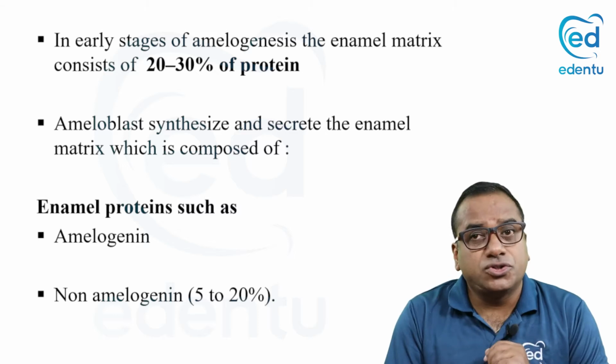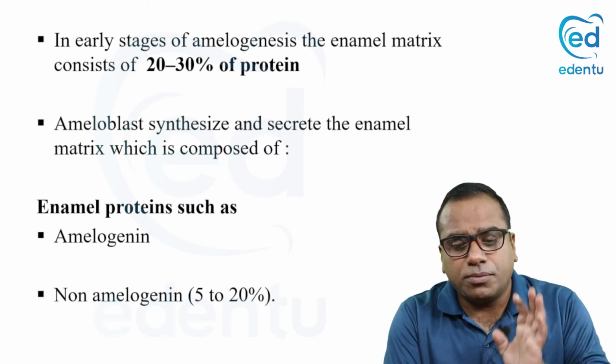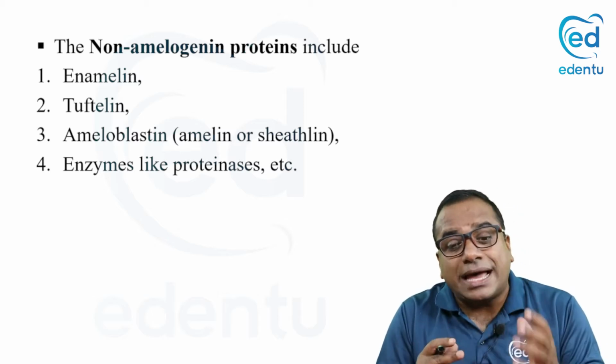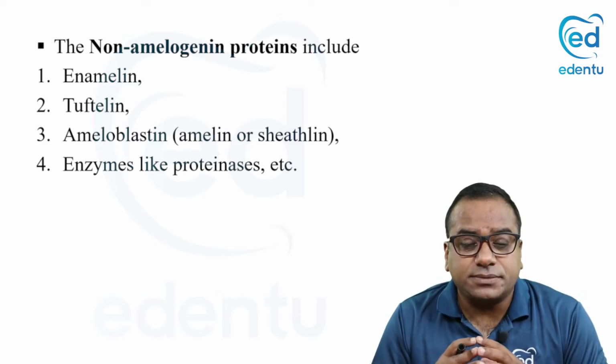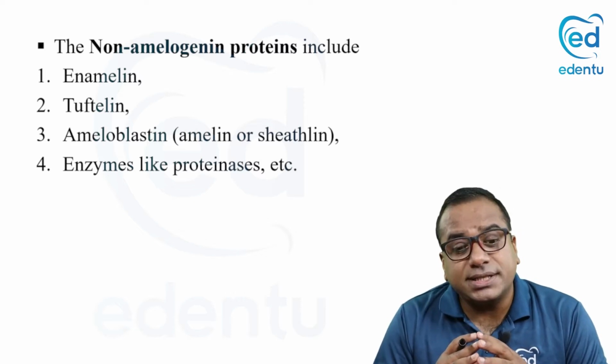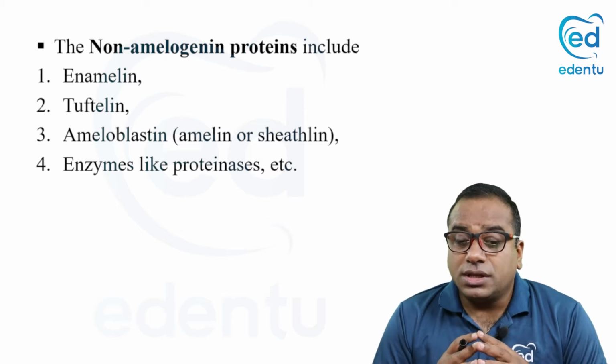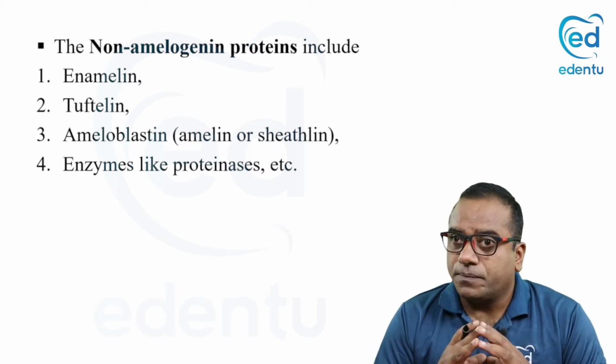These two things you should know. Amelogenin and non-amelogenin, both are proteins. The examples of non-amelogenin proteins are enamelin, tuftelin, ameloblastin, and some enzymes like proteinases. They all have an equal role.